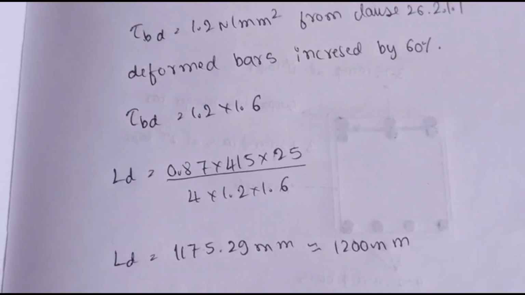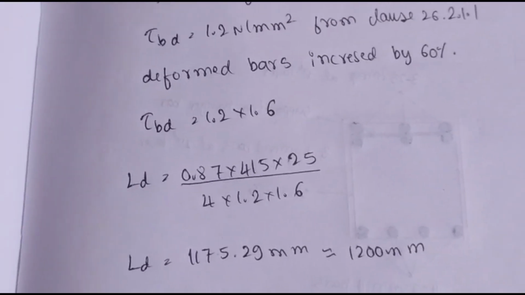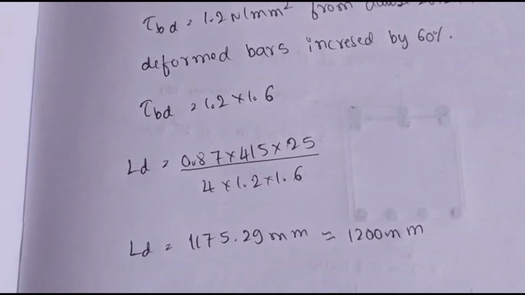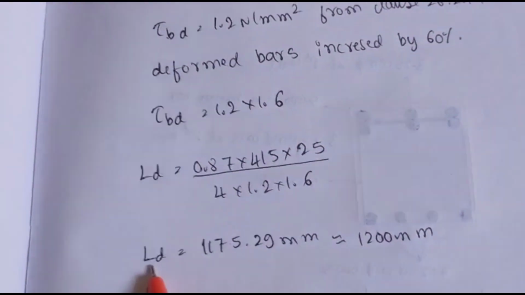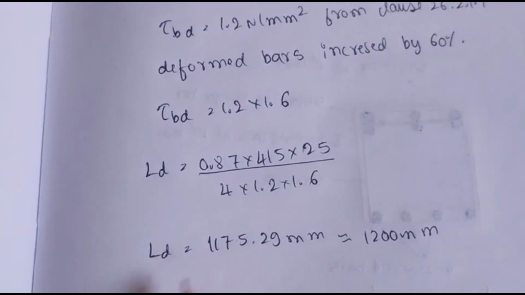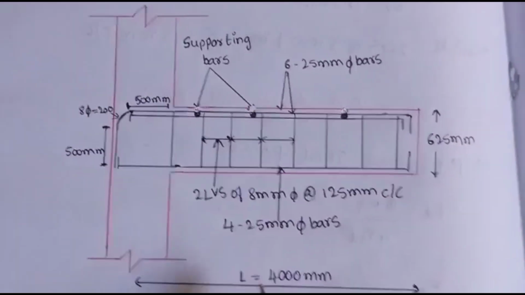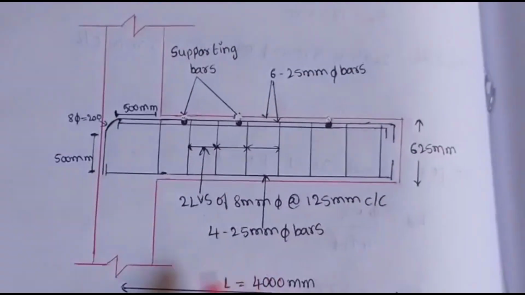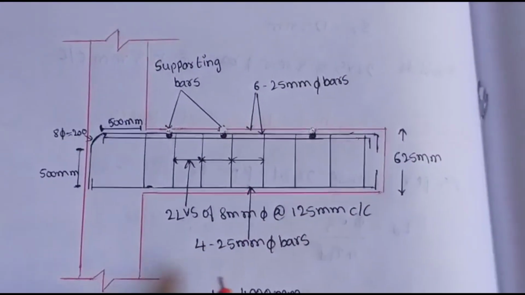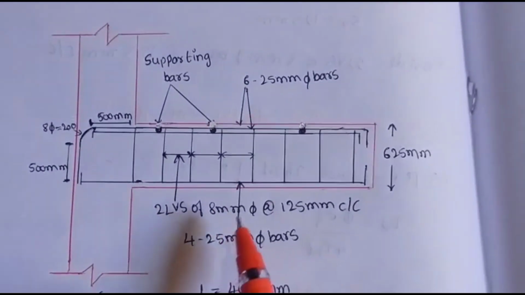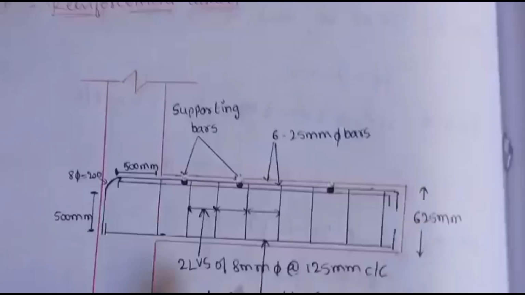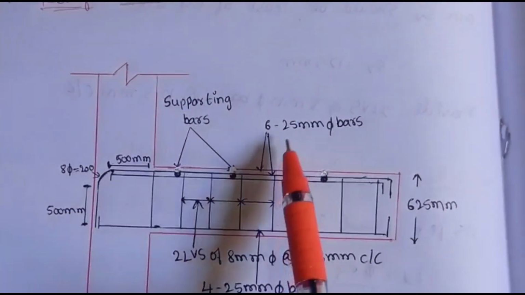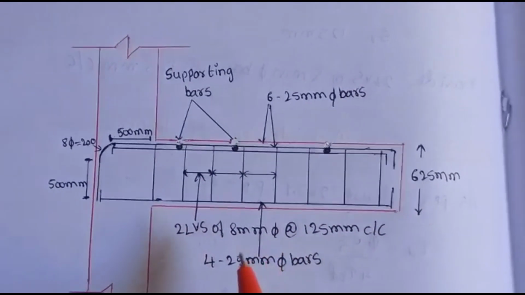Now we'll go for the drawing of reinforcement details of the cantilever beam. I will show where it comes in our beam. This is the longitudinal section of our cantilever beam. In our cantilever beam, the tension reinforcement comes on top and compression reinforcement comes at the bottom.